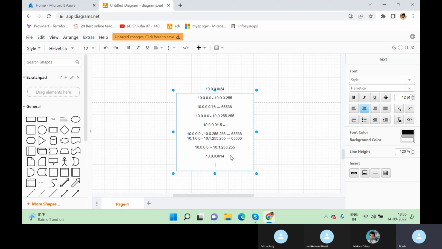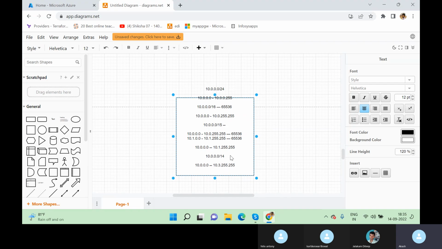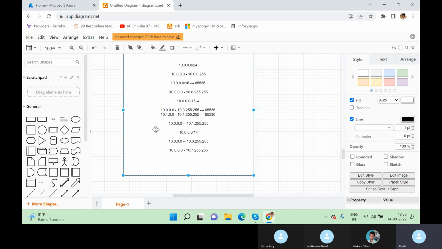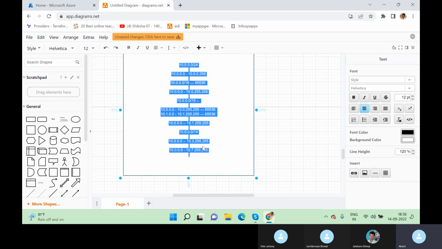When I do /14, the pattern is going to repeat again: 10.0.0.0 to 10.3.255.255. And when I'm doing /13, it's going to repeat again: 10.0.0.0 to 10.7.255.255. This is pretty much what is going to happen when you are using the address space with CIDR notation.